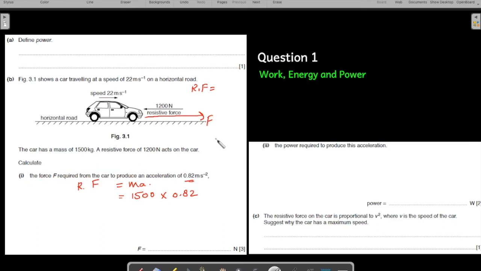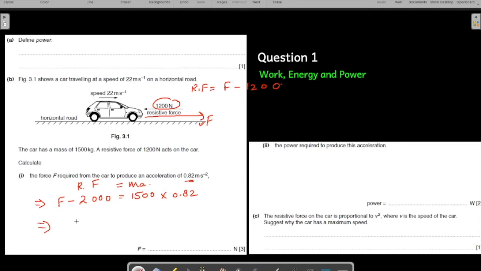You have to find this F. So in terms of these two forces that you see here on the picture, what is the resultant force? F minus 1200. So ma is this. The resultant force in terms of just the forces is F minus 1200. Now all you have to do is to solve this equation for the missing variable, which is F.